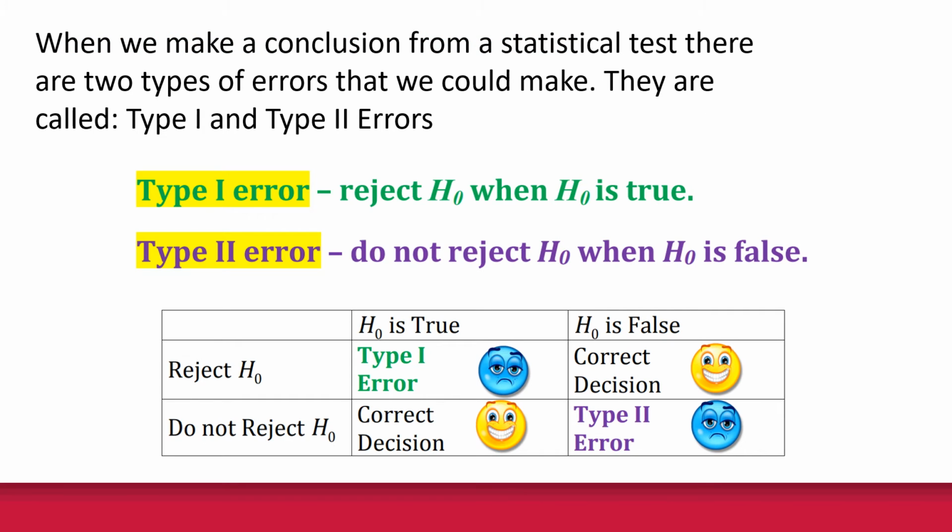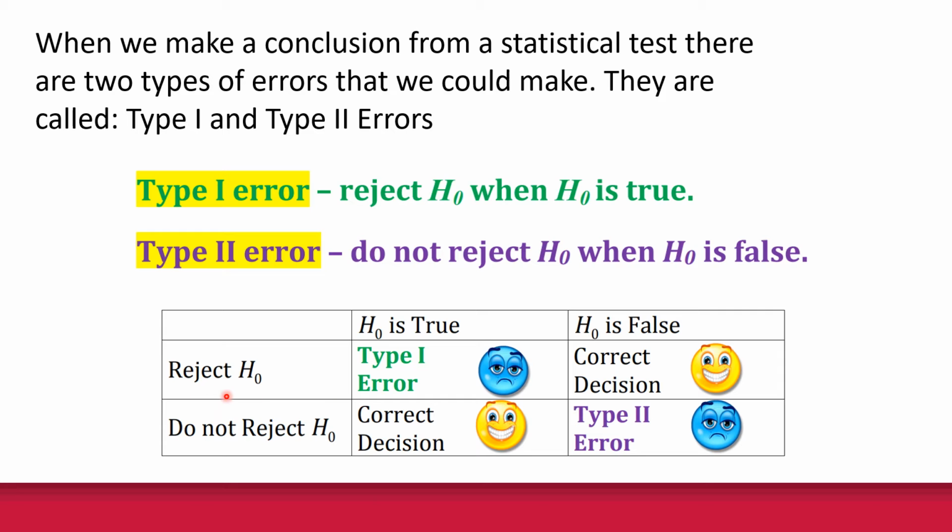So when we make a conclusion from a statistical test, there are two types of errors that we could make. These are called type 1 and type 2 errors and are defined as follows. A type 1 error occurs if we reject the null hypothesis when in actuality the null hypothesis is true. A type 2 error results when we do not reject the null hypothesis when the null hypothesis is actually false. So you can lay this out in a little grid here.